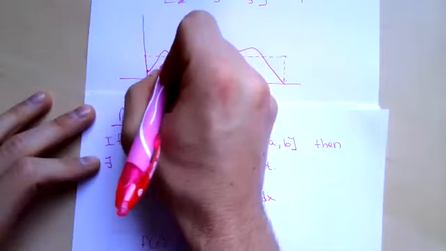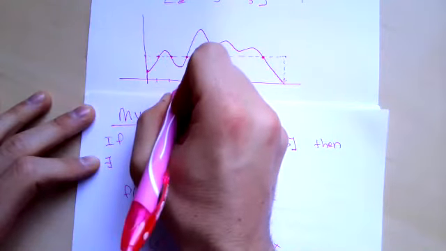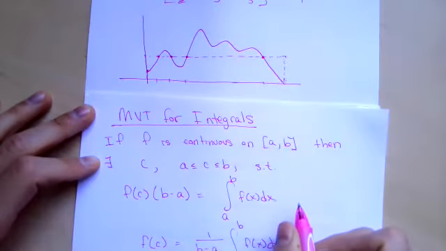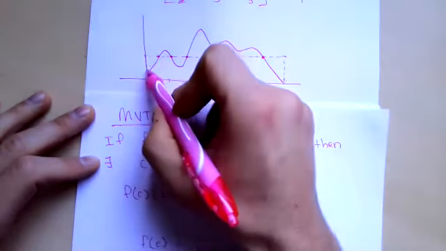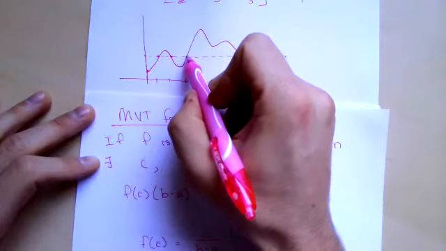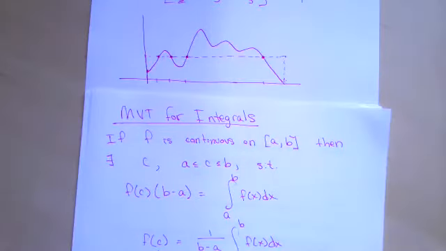And there might be more than one, just like in the regular mean value theorem, where there could be more than one point where the slope of the tangent line matches the slope of the secant line. Just like here, there can be multiple points where the function attains the average value. So nothing too complicated there.